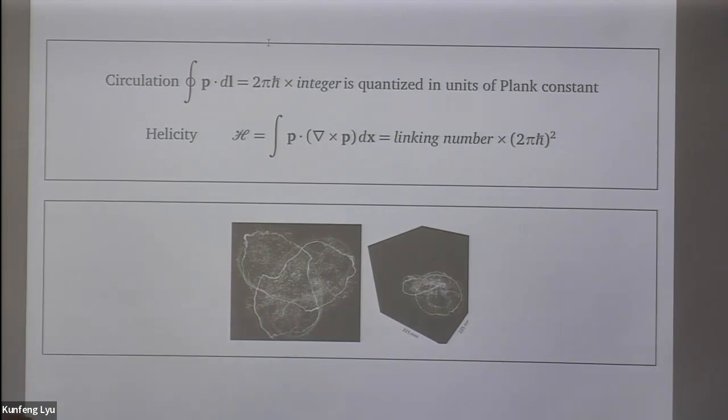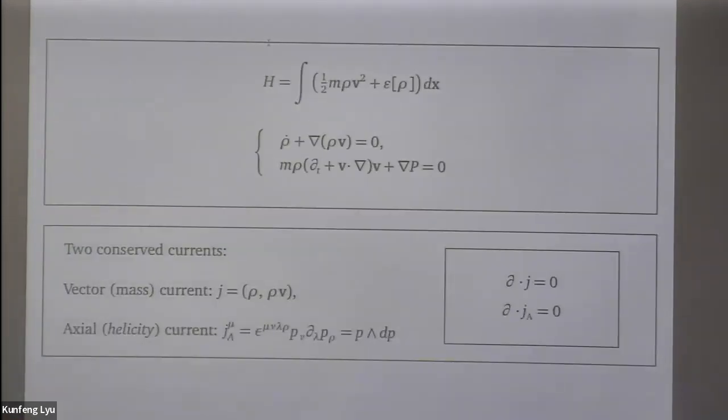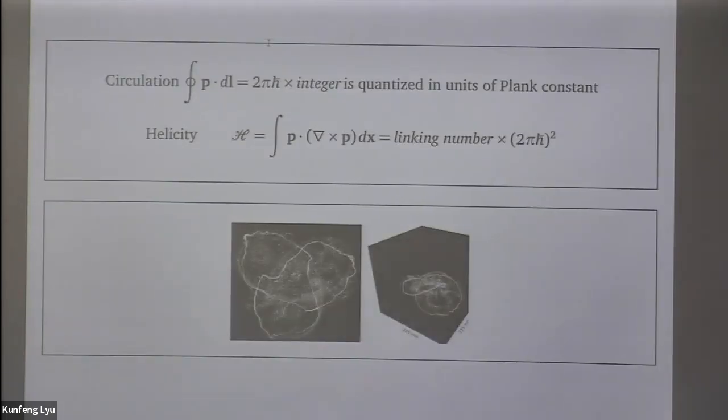This property tells me that classical differential equations know about integer numbers, because the linking number is an integer. How come? It must be very surprising that this differential equation knows about integer numbers. It's classical. Would it be quantum, then of course circulation is quantized. Then we notice that this object is also quantized in units of h bar squared, one circulation and two momenta squared.